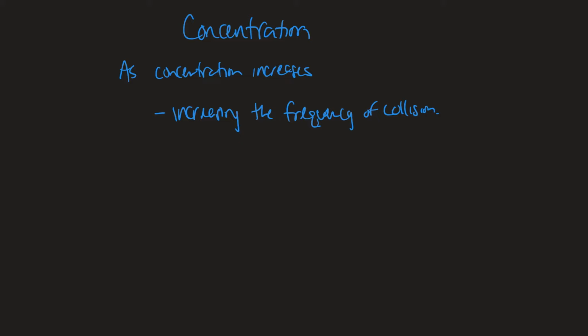So the likelihood that you're going to collide with somebody is much greater at 3 p.m. Thus, as you increase the concentration and there are more particles per unit volume, it's more likely that there is going to be a collision. And when there is a collision, there is always a chance that the collision will be successful, and thus a chemical reaction will take place.